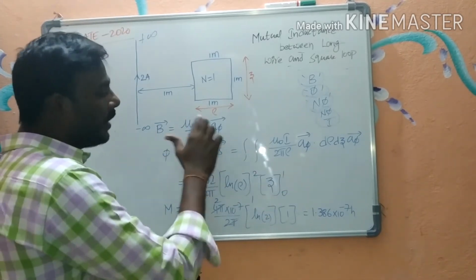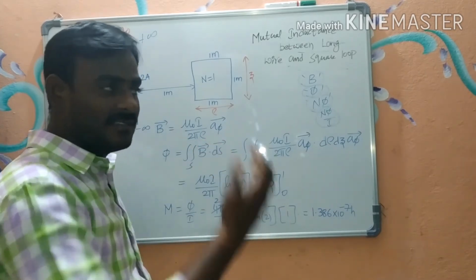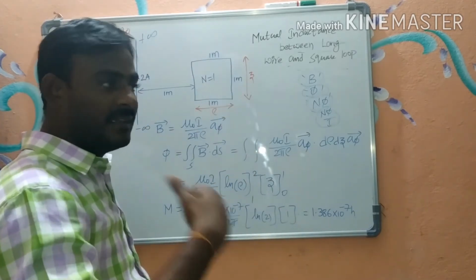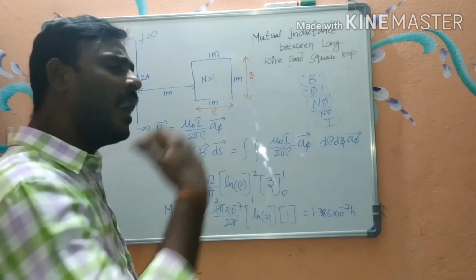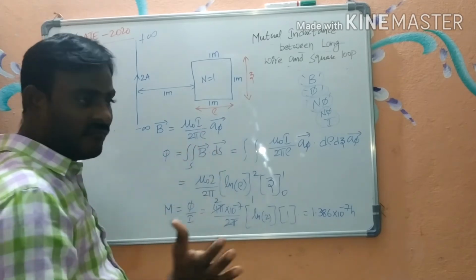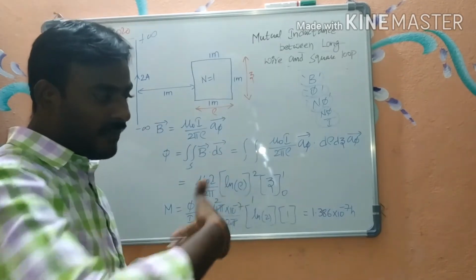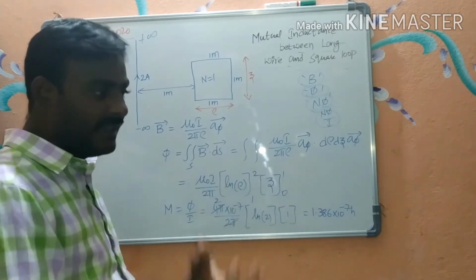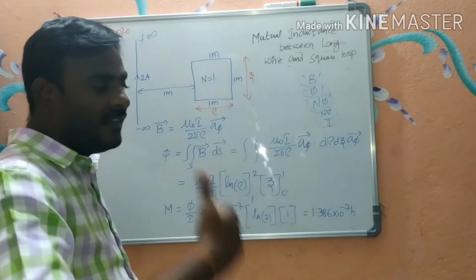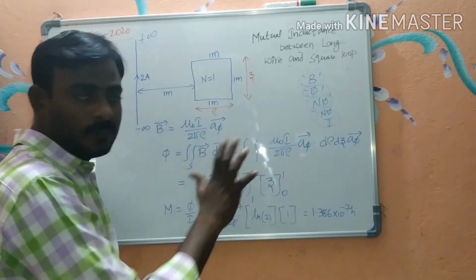Rho is the perpendicular distance from the conductor to any point of interest. If the current flows in this direction, the flux is created in this direction, which satisfies the right hand thumb rule.